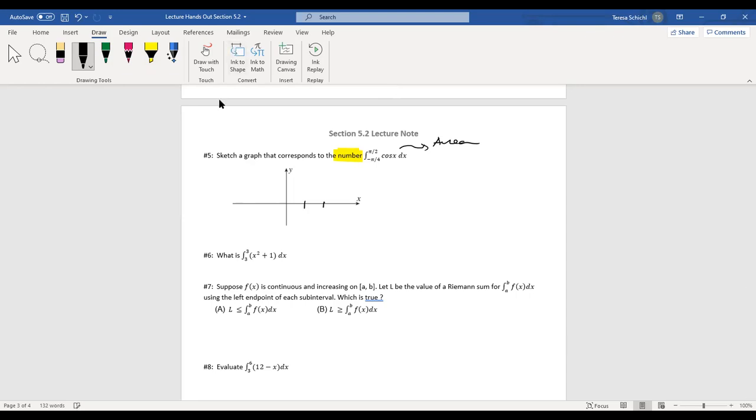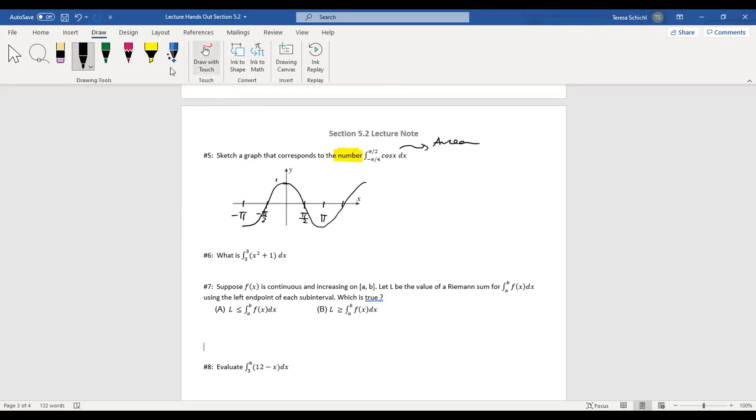This is pi over 2, pi, so this is negative pi over 2 and negative pi. I know cosine here, this is 1. Cosine goes something like this, right? So here it goes like this.